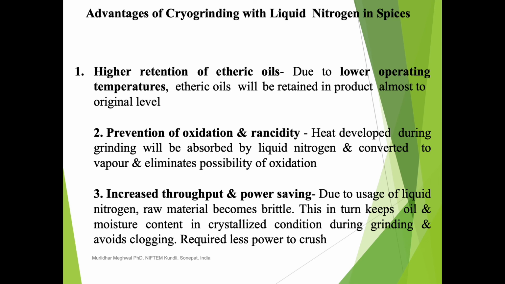There are several salient features of this novel approach. It helps in high retention of essential oils or volatile oils because it is operating at low temperature. The problem of oxidation and rancidity is addressed, and it gives increased throughput and power saving.